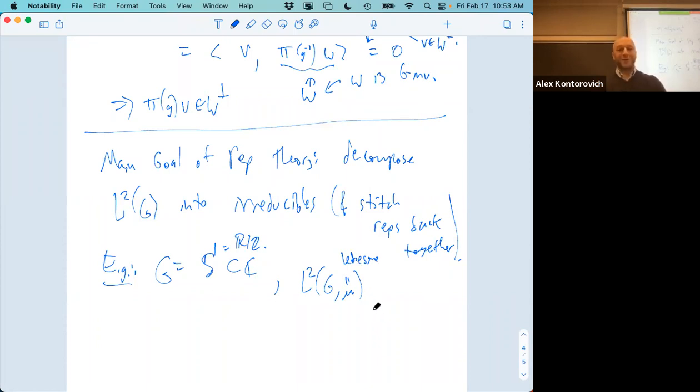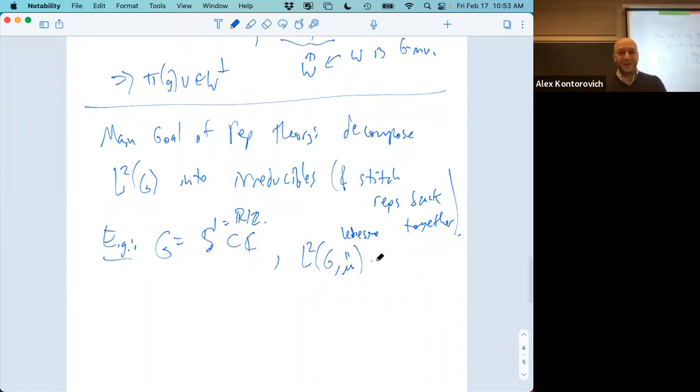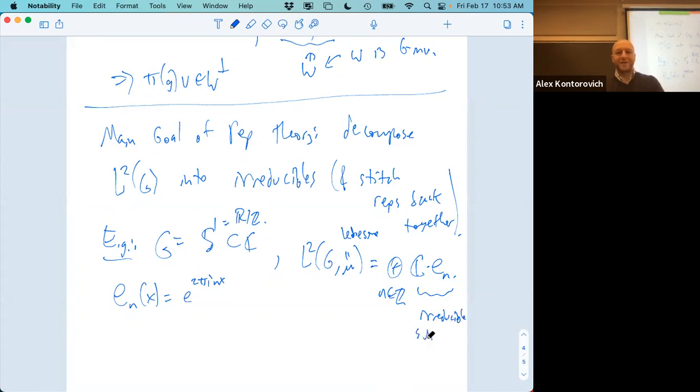That's right, the irreducibles. So this decomposes as an infinite sum, n in Z, of vector spaces spanned by En, where En of x is e to the 2 pi i n x. These are the irreducible subspaces. Now there's infinitely many of them. We have a continuous group, but there's a discrete set of them.